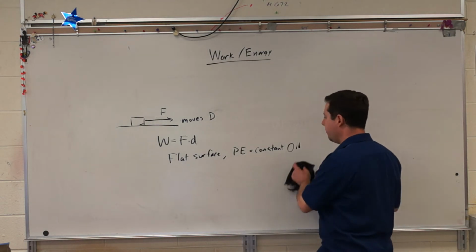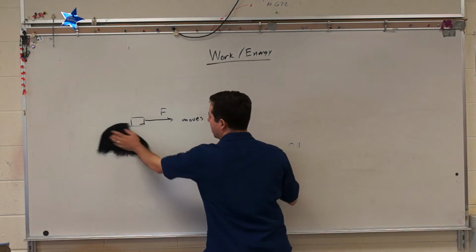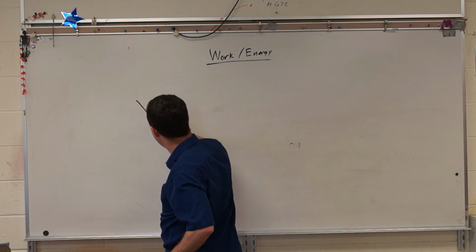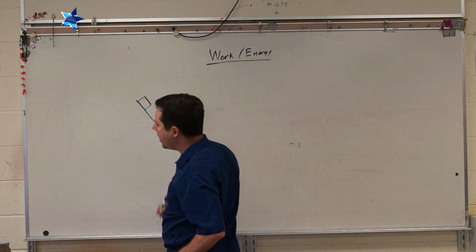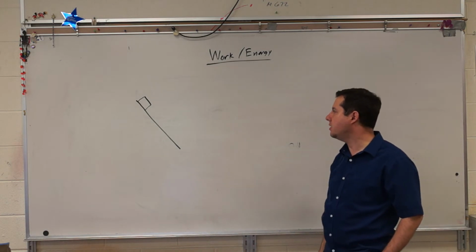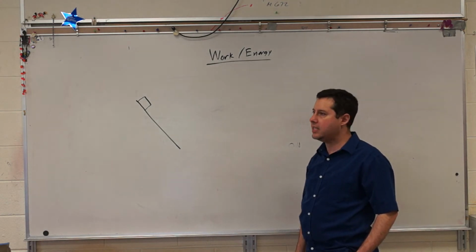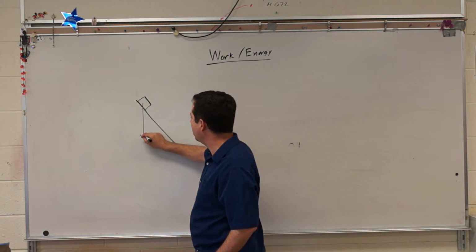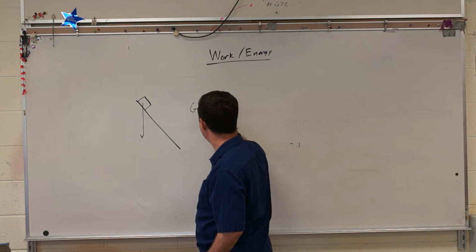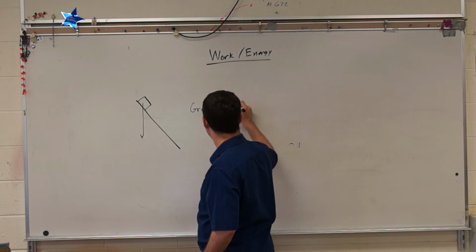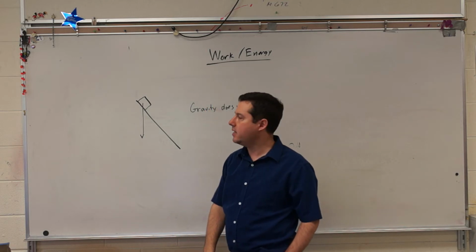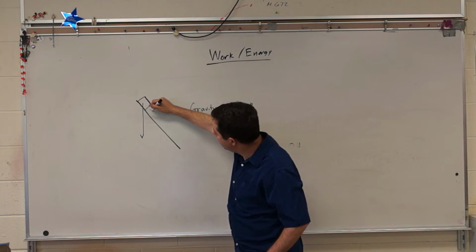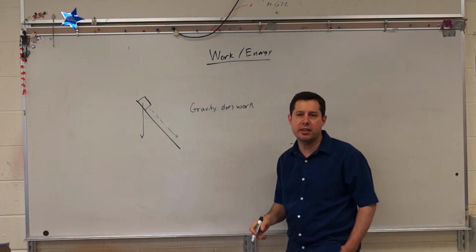Let's say instead of this, you have an inclined surface. And you can actually have all sorts of different kinds of work. But as this slides down, for example, gravity does work to help pull it down. But keep in mind that gravity pulls straight down while this thing is moving in a direction like that, so they are not pointed in the same direction.